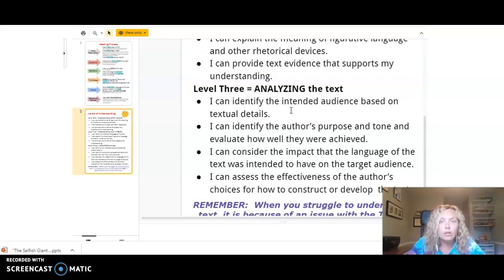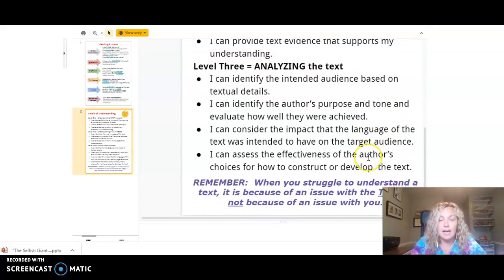Okay, like what words do they use to establish that tone? Can you identify them? And then consider the impact that language has on the target audience. And can you assess the effectiveness of the author's choices for how to develop or construct the text?